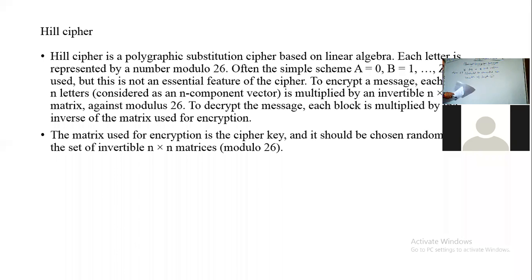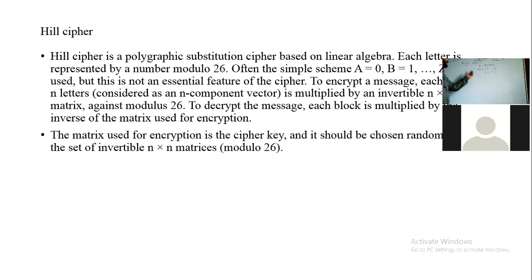So let us take an example of Hill cipher. Let us suppose the plain text is equal to ATTACK, and the key is equal to 2 3 3 6.